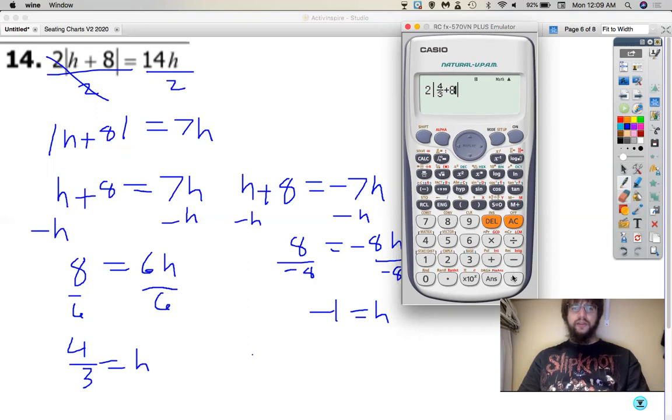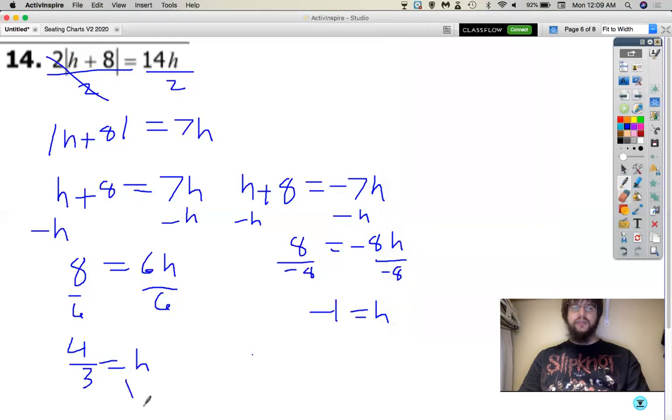This should equal, okay, it equals 56/3. We need that to equal 14h. So let's remember 56/3. 14 times 4/3 is 56/3. So we get the same thing on the left as we do on the right side of our equation. So that checks out.